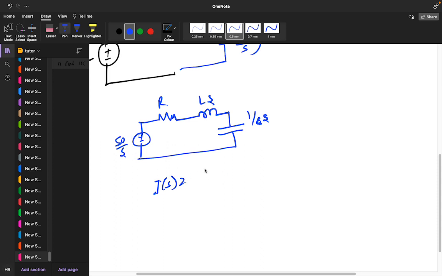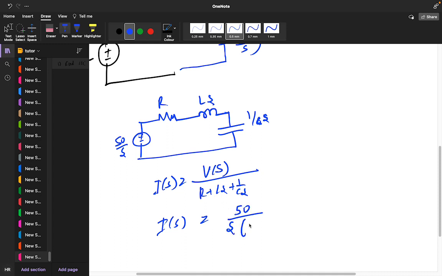This is your V of s, so I of s is V of s divided by R plus Ls plus 1 by Cs. Substitute the values: V of s is 50 upon s, R is 2, L was 1 so s, and C value is 1 by 2, so 1 by 2 into s.